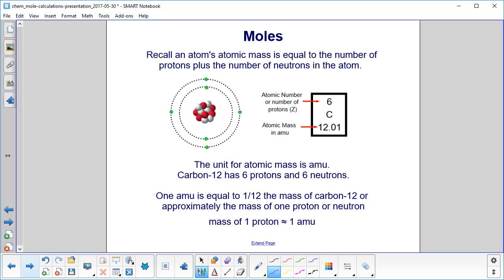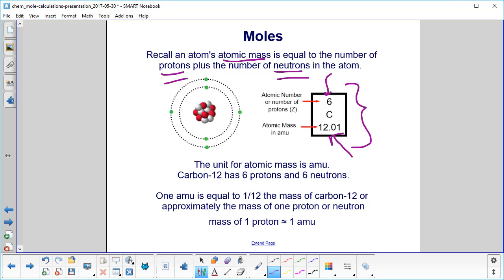Recall, an atom's atomic mass is equal to the number of protons plus the number of neutrons in the atom. So when you look at periodic tables, you'll see the atomic number up here, the 6, and here's the atomic mass in atomic mass units. The unit for atomic mass is atomic mass units.